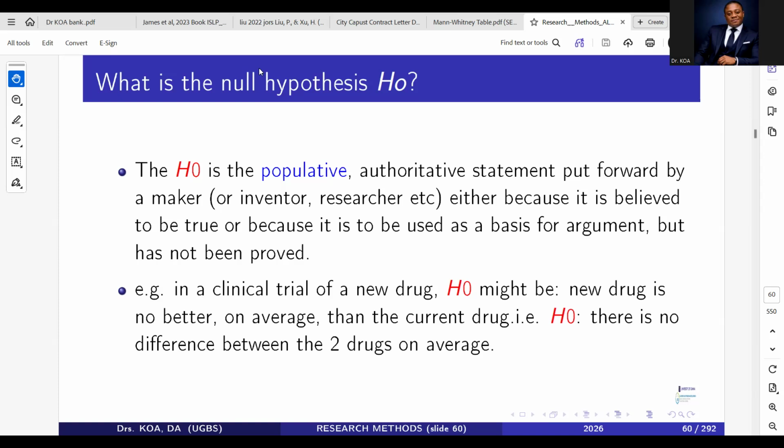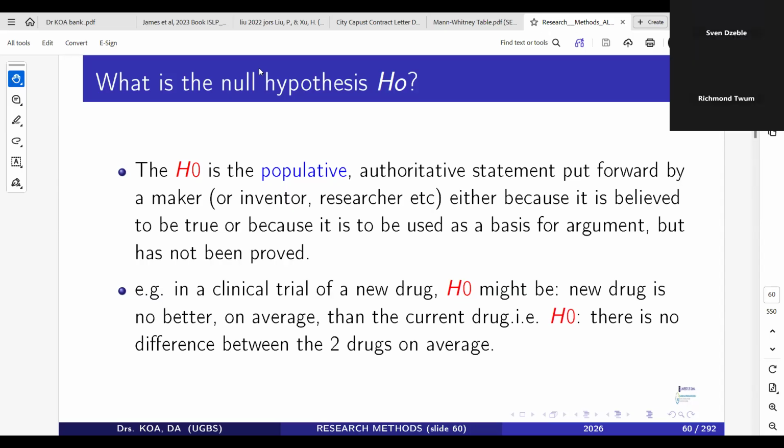That statement, is it a null hypothesis or the alternative? The statement I made, is it a null or the alternative? The statement I made is the null hypothesis.